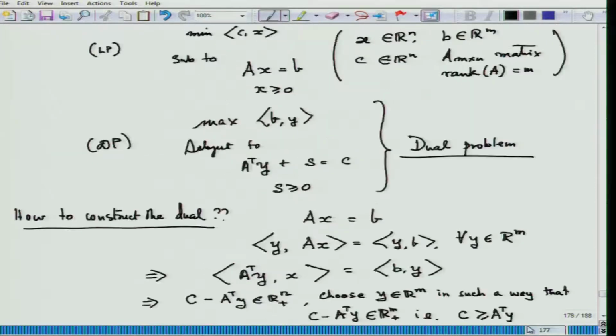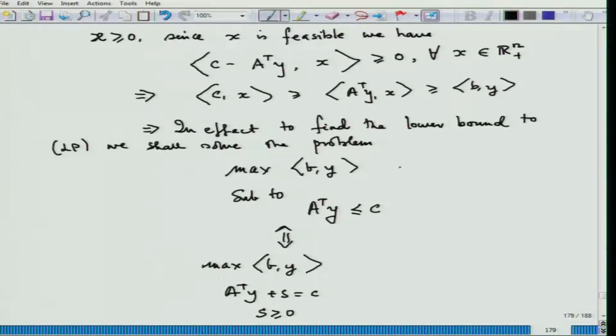Now, we will call this problem DPE, which means we have got a slack variable here, DP equivalent, and the original DP which comes out naturally is this one, DP. So, by adding the slack I get a DPE.